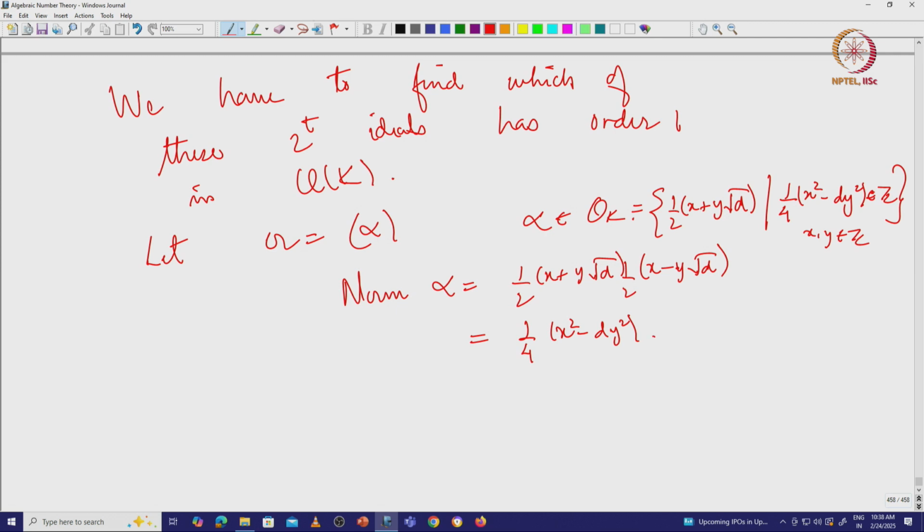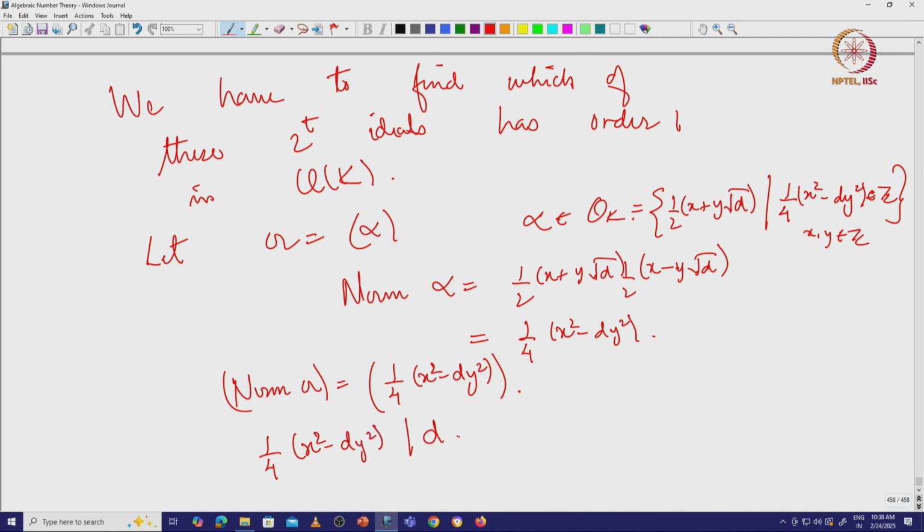Okay. And so the norm of A is the ideal generated by 1/4 (x squared minus d y squared), and I know that this divides d, right. So I want to find out the solutions of all these things, right.